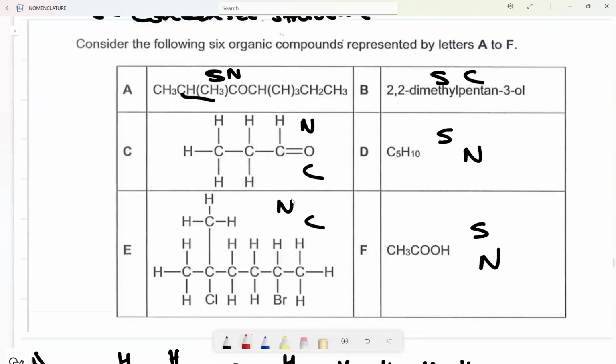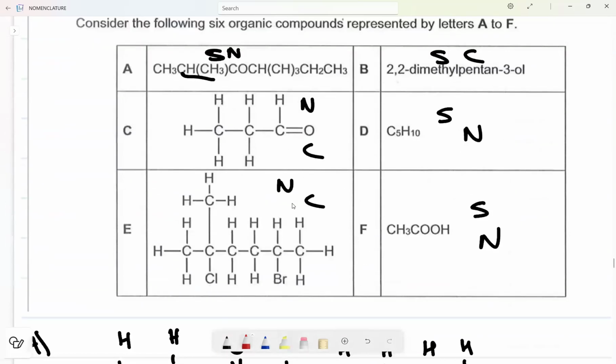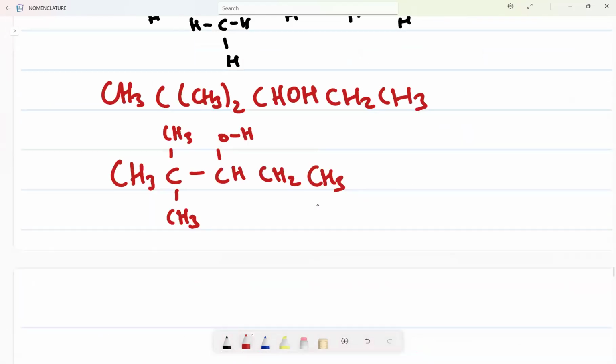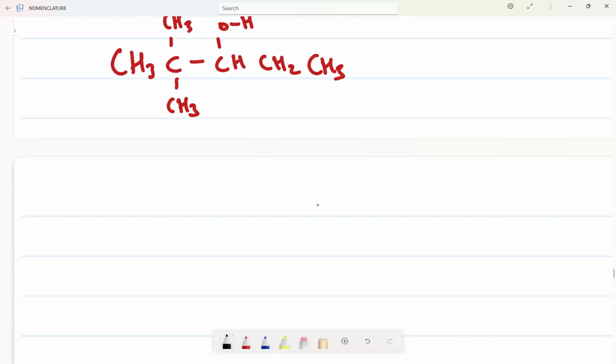Let's look at number C. Number C, I can see this double bond O. It can either be ketone or aldehyde, but now it's going to be aldehyde. Why aldehyde? Because now the double bond O is at the terminal carbon. So I have 1, 2, 3. So I have propanal.